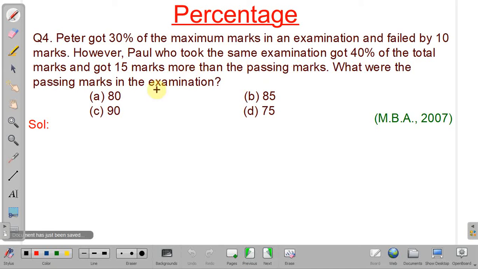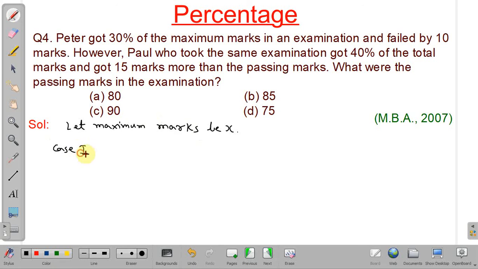So we will assume the maximum marks. Let maximum marks be X. Now we have two cases.